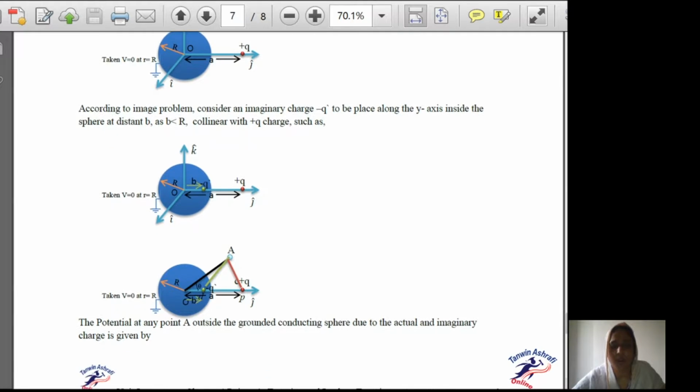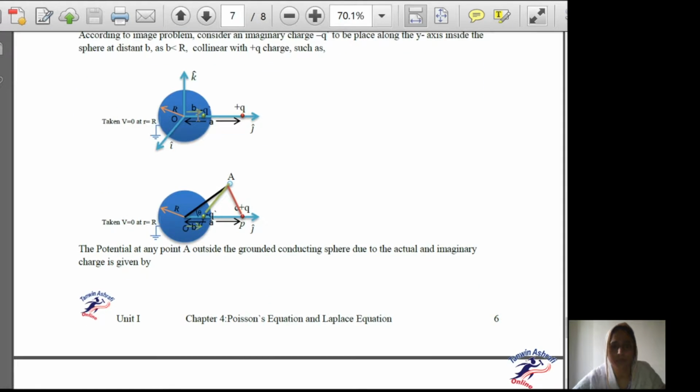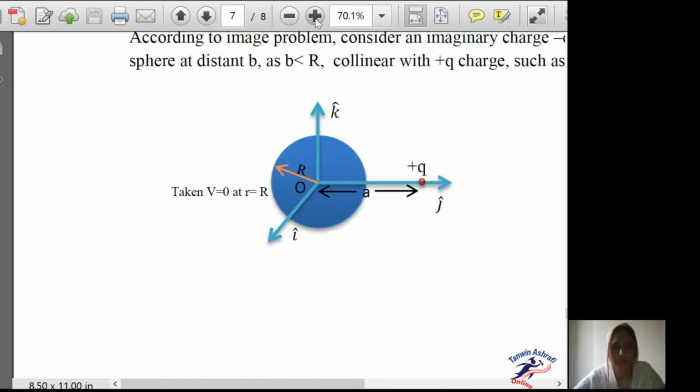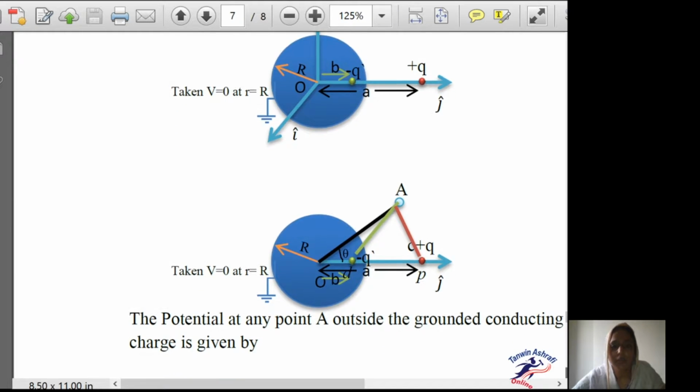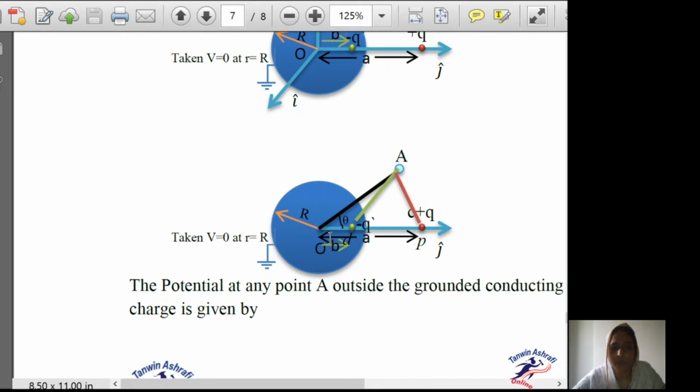We will draw the vector diagram. Here you will see that one vector is from the origin, and let's suppose we wanted to find the potential at the point P. From this origin O to the point P, there is one vector, one vector from the imaginary charge minus Q to that point, and one vector from A to that point.